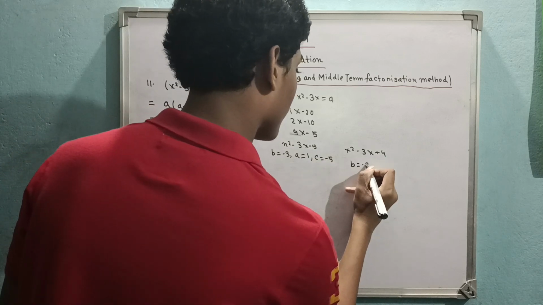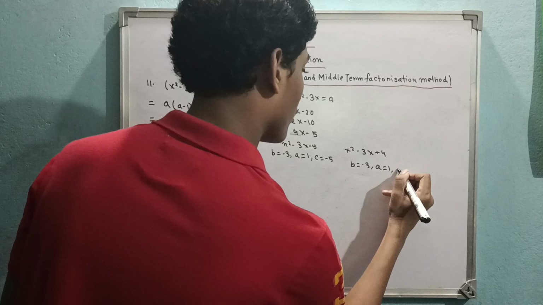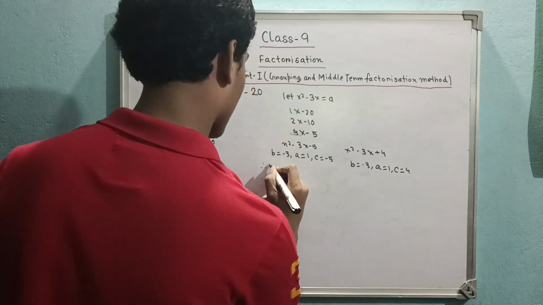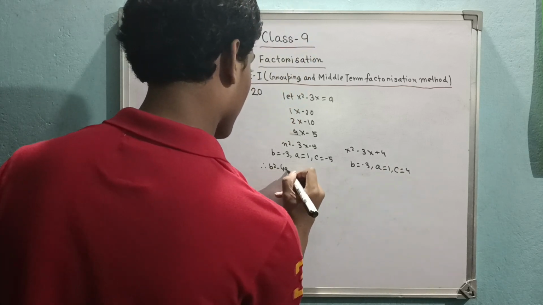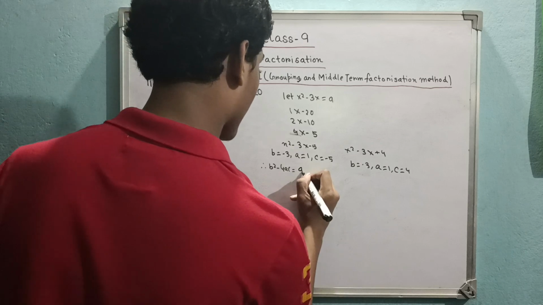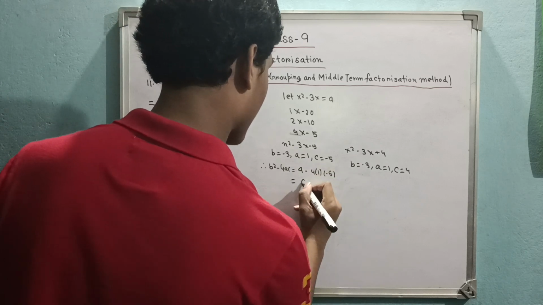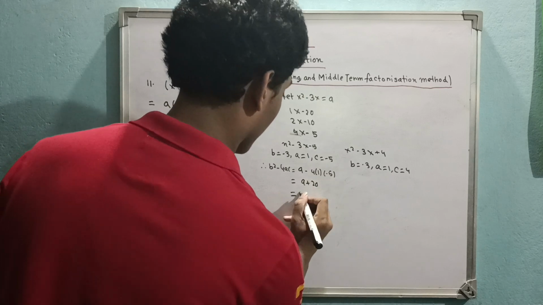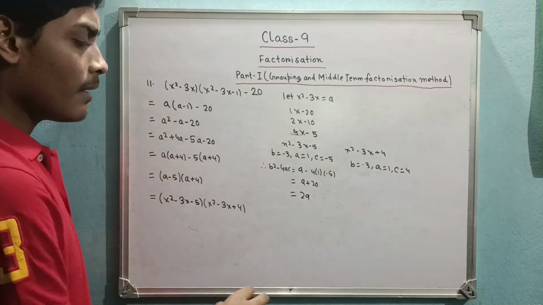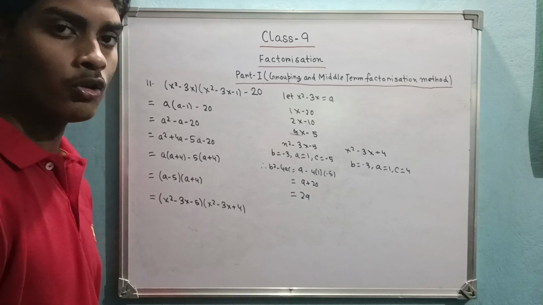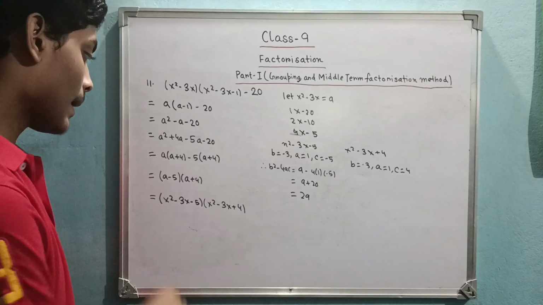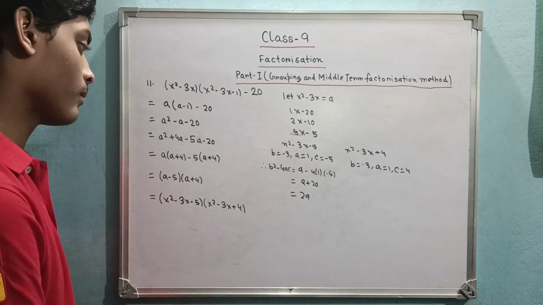For the second, b is equal to minus 3, a is equal to 1, c is equal to 4. Here b square minus 4ac equals minus 3 square, which is 9, minus 4 into 1 into minus 5, equal to 9 plus 20, equal to 29. So is 29 a perfect square of any number? No, absolutely not. Therefore this equation is not factorizable.